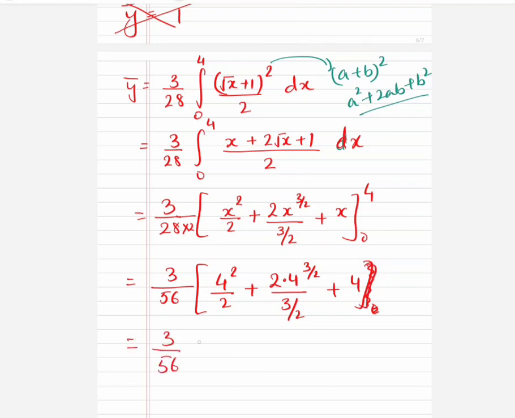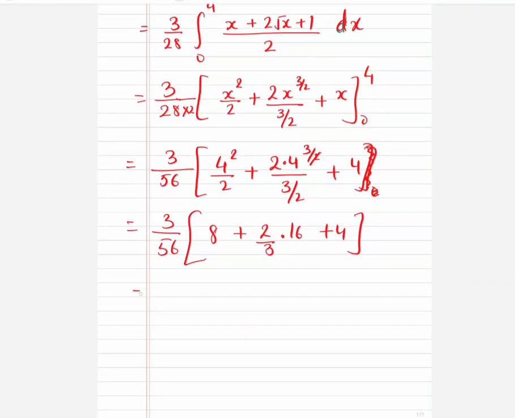So 3 over 56, now that becomes 16 divided by 2 is 8, plus 4, and when you do root, it's going to give us 2. 2 cube is 8. 8 times 2 is 16. 2 over 3 times 16 plus 4.